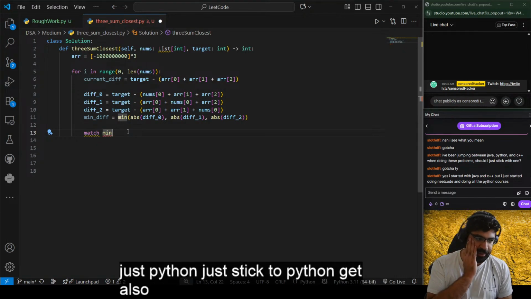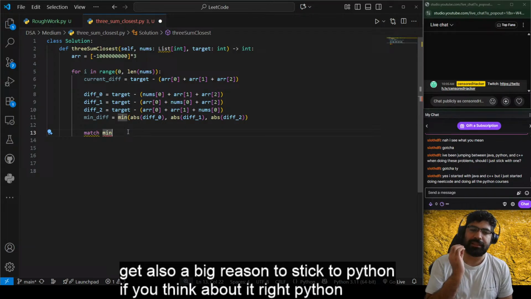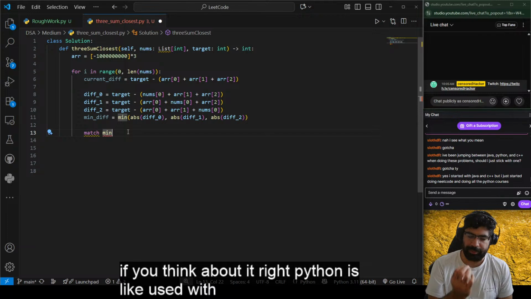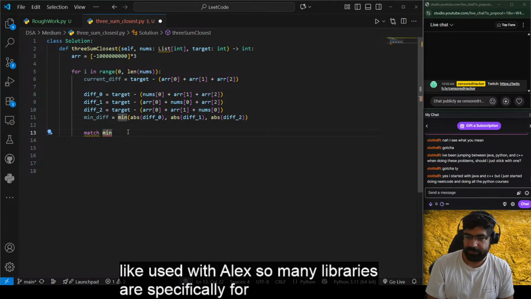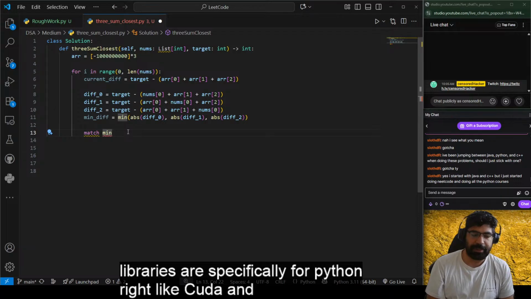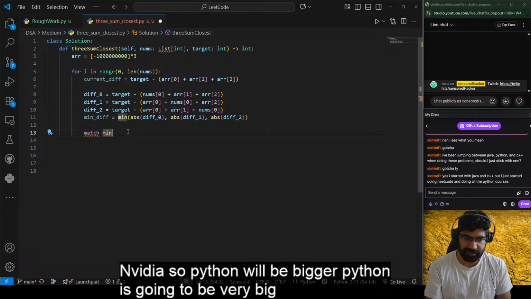Also, a big reason to stick to Python is that Python is used with AI. So many libraries are specifically for Python, like CUDA and all those by NVIDIA. So Python will be bigger. Python is going to be very big. So just stick to Python.